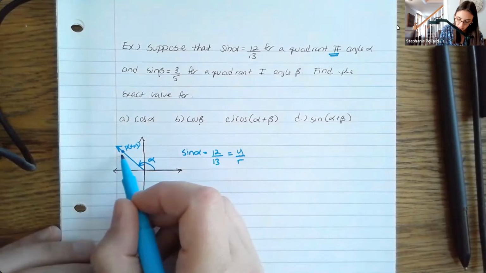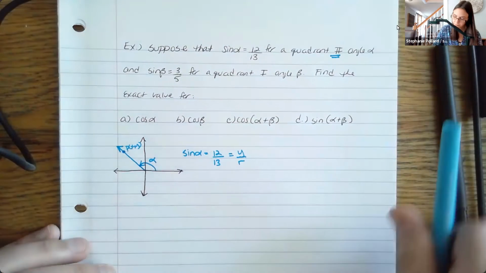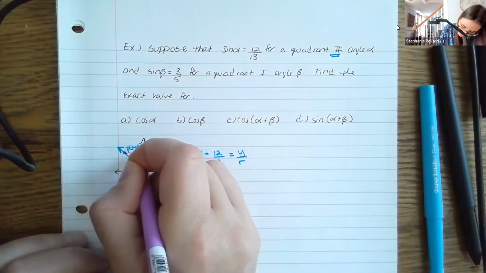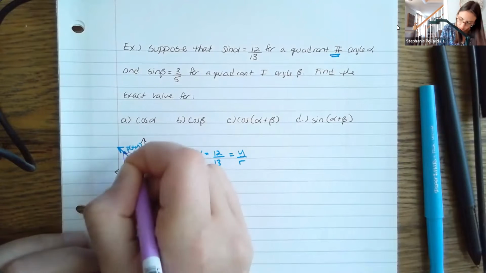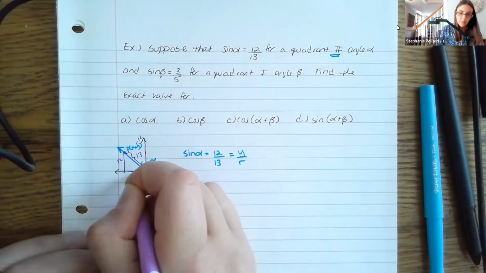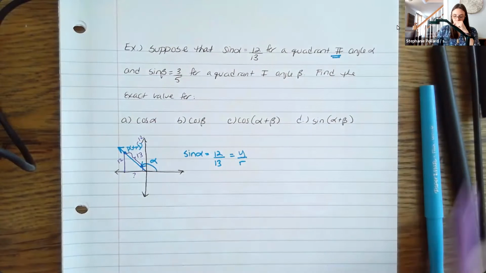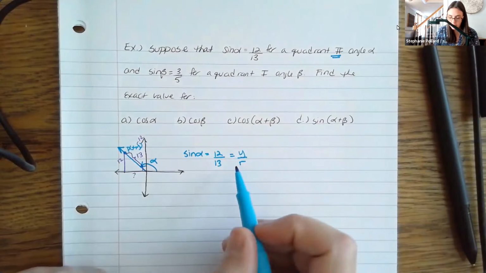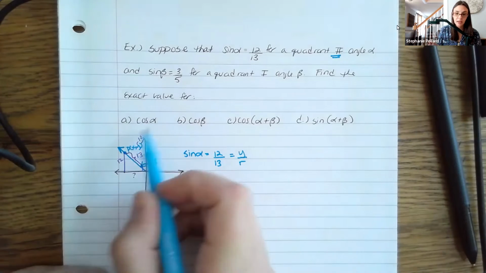So the radius here would be 13, and then our y value in this case would be that 12. So I can use this to go ahead and find my cosine.